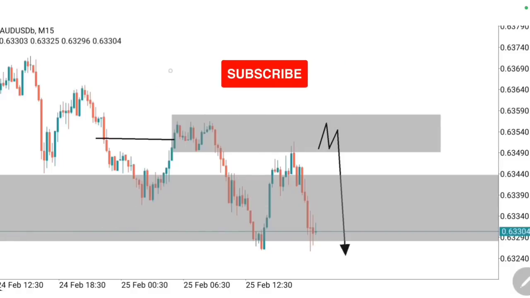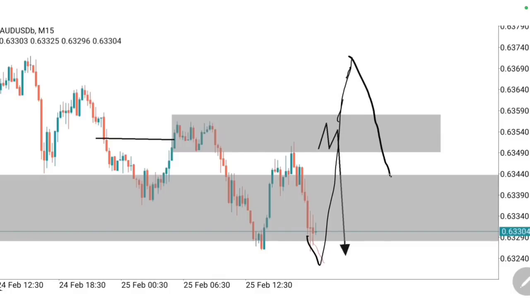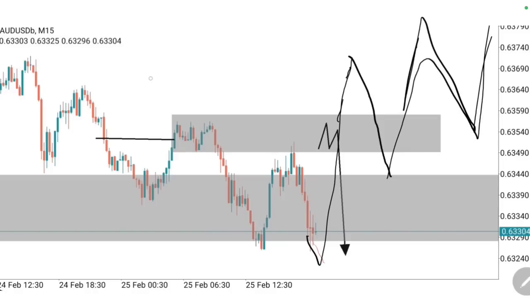You can see just right now how everything played out. So what I'm expecting henceforth is that the market should break down right there and continue in this direction, or the market should take out this high, giving me my break of structure to the upside, and now we have a bullish move on our 15 minutes time frame.